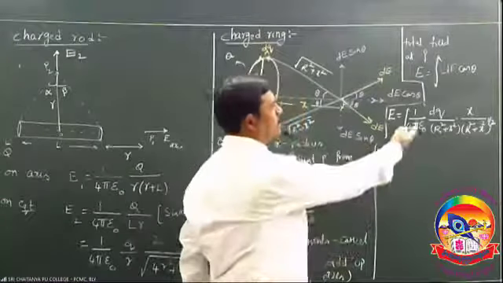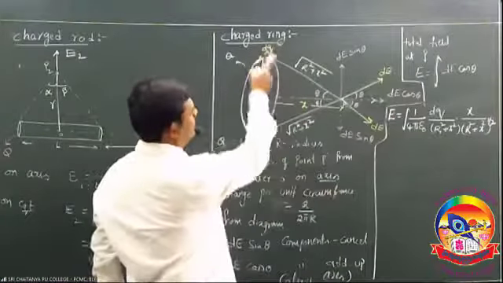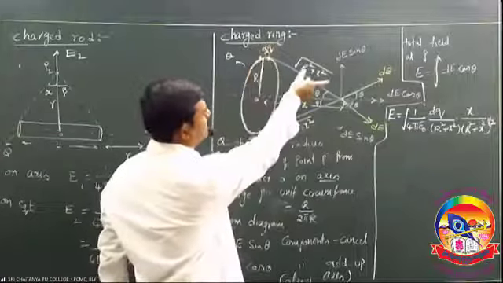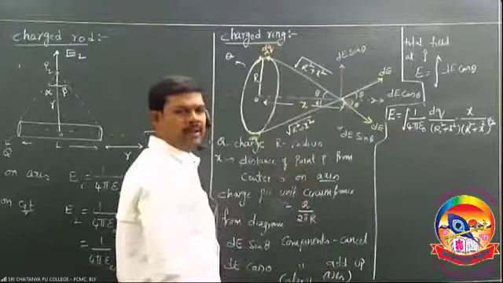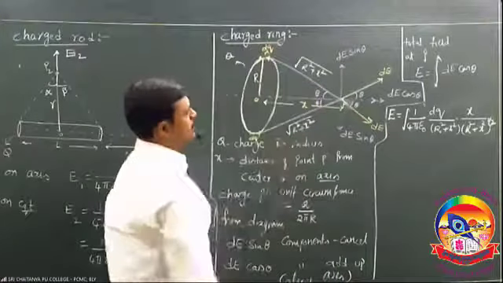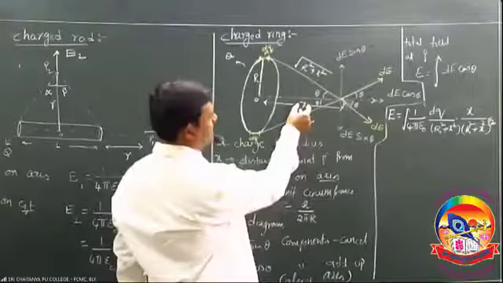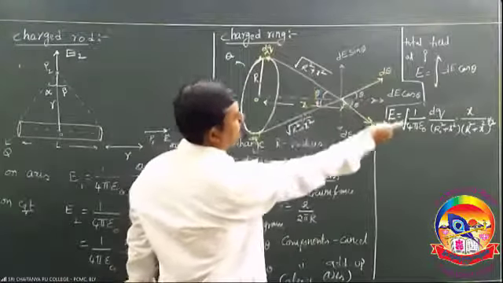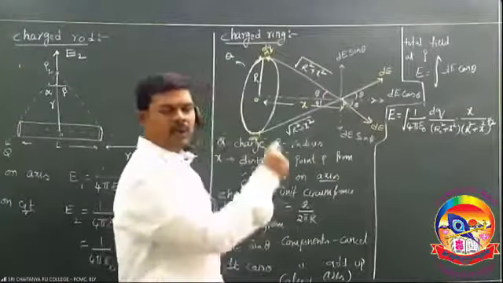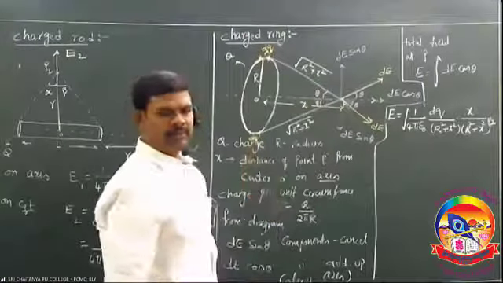Is this point clear? dE means 1 by 4 pi epsilon naught dq by this distance squared, r square plus x square. Root and square cancel out. Cos theta is adjacent side by hypotenuse, x by root over r square plus x square. Root means power half. Clear?